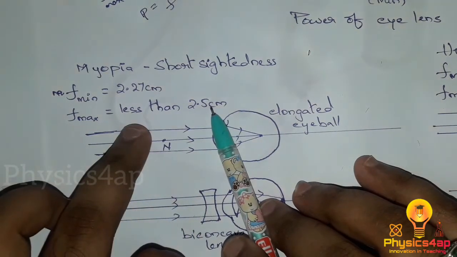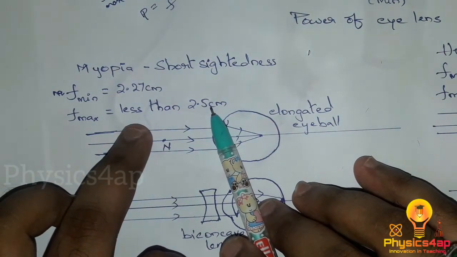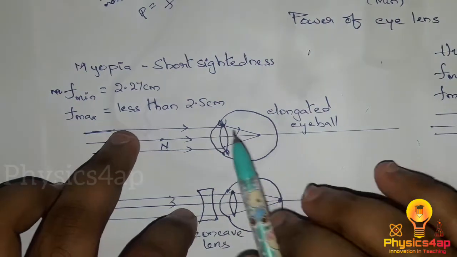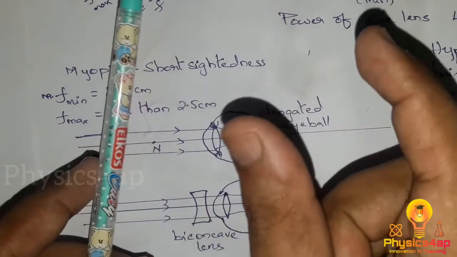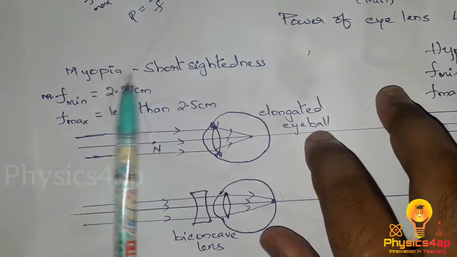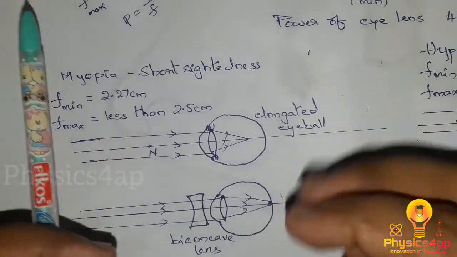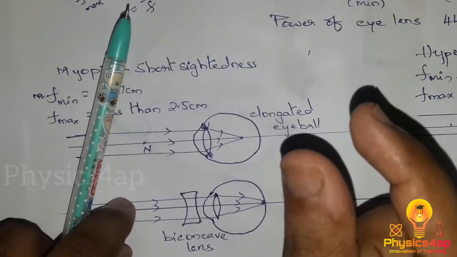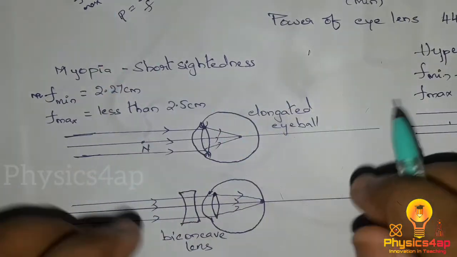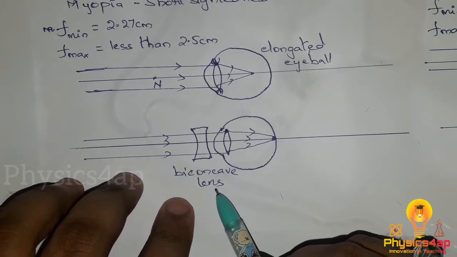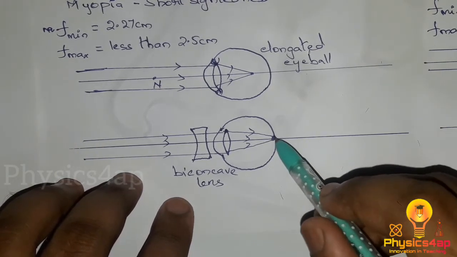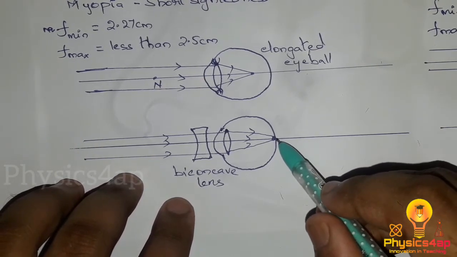Due to that, there is an elongation of the eyeball, that means the eyeball gets expanded. Those suffering from myopia cannot see far objects. To correct this, we use a biconcave lens, so that the image will be formed upon the retina.